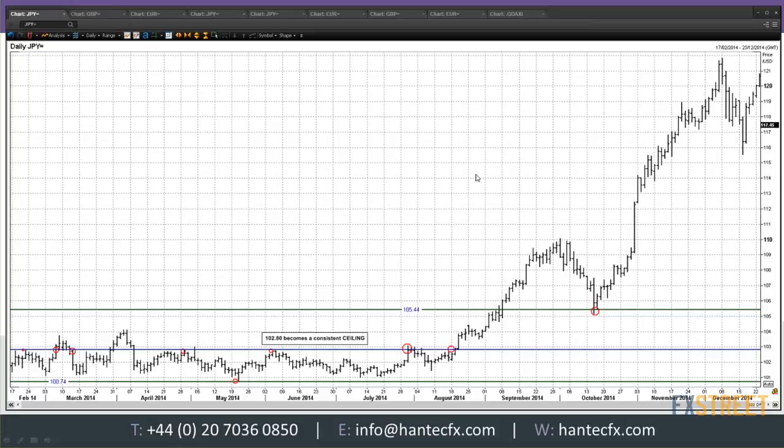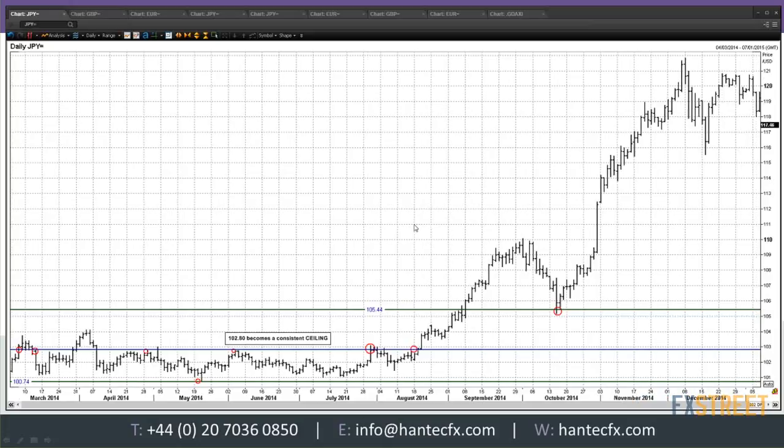It's just to sort of bring it back to a bit of theory. You've basically bought at a subsequent price. This is looking at the concept of old support becomes new resistance.